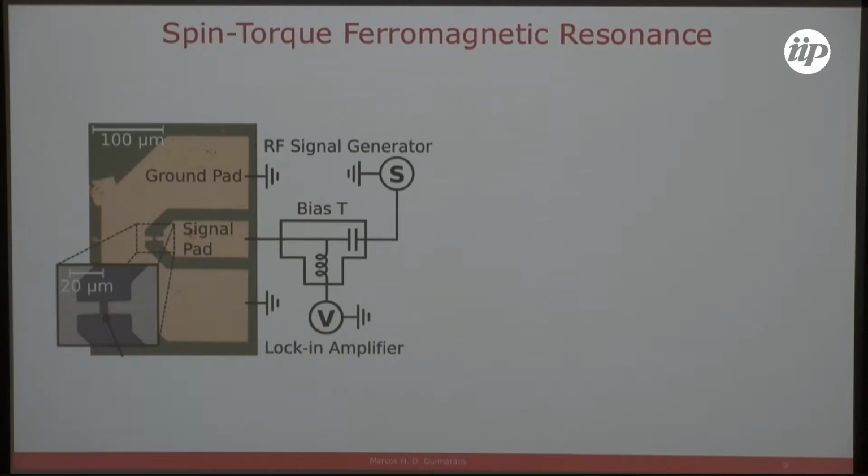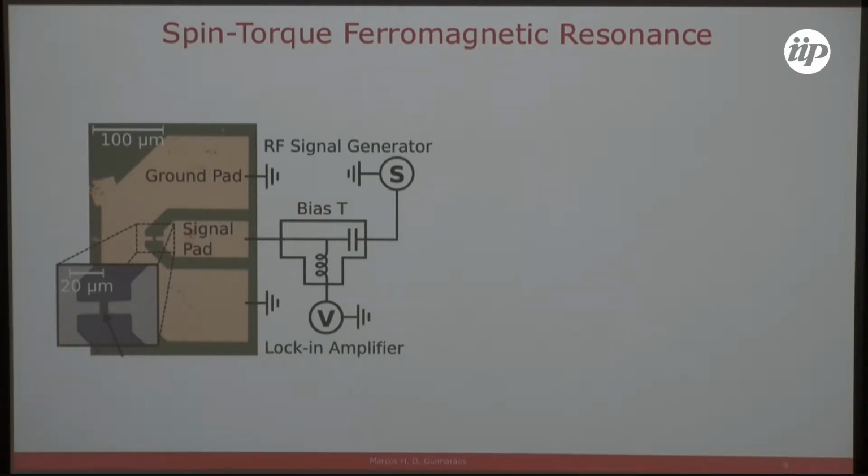So that's the thing that we're interested in measuring. And let's say that we send a 9 gigahertz current, and we sweep the magnetic field, and when the Larmor precession frequency of the ferromagnet matches the frequency of the current, then we have a resonance condition.